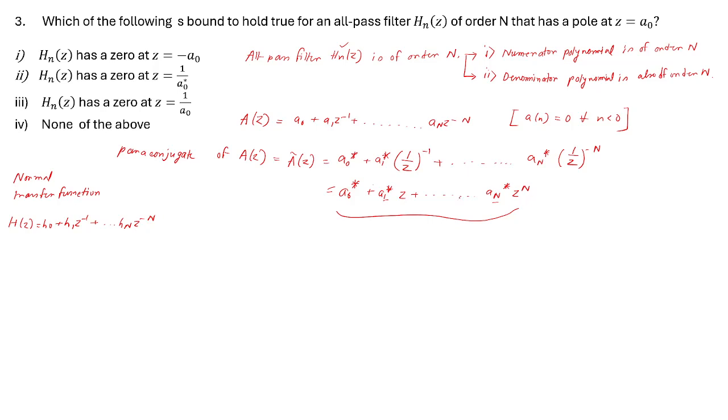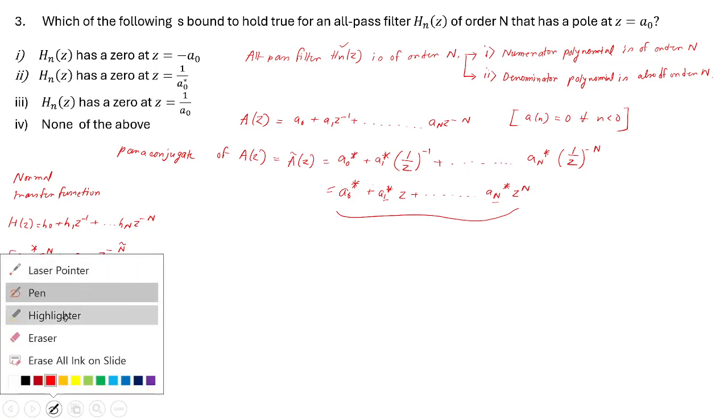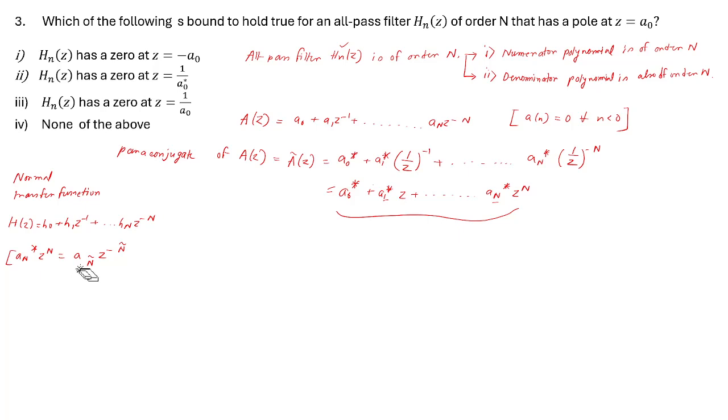So if you compare between those two, therefore the thing an star z to the power n can be written as a change of variable, minus n tilde, z to the power minus n tilde, right? Sorry, let me correct here myself.